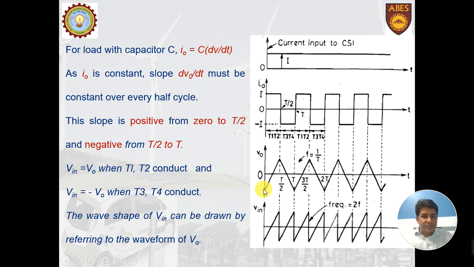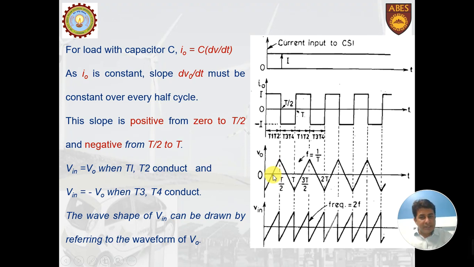So during this time, the voltage changes from this negative value to this positive value, and this change is linear. As I naught is constant, the slope dV naught by dt is also constant over every half cycle. This slope is positive from 0 to T by 2, and negative from T by 2 to T. So this is the output voltage.